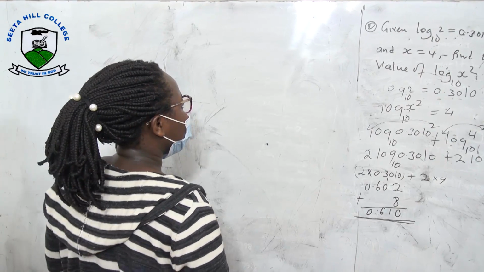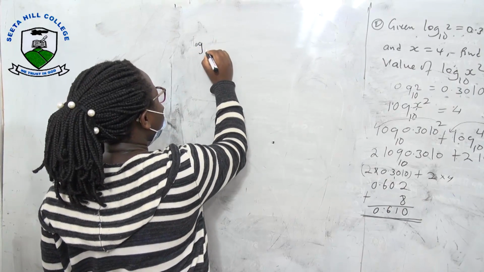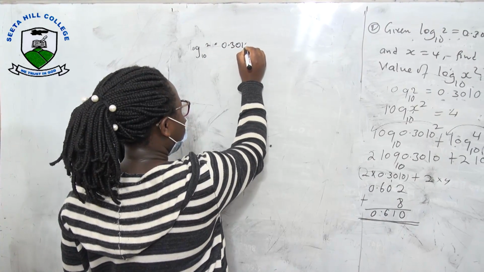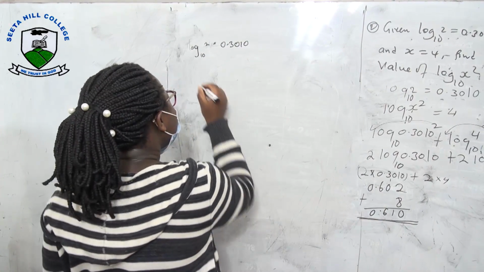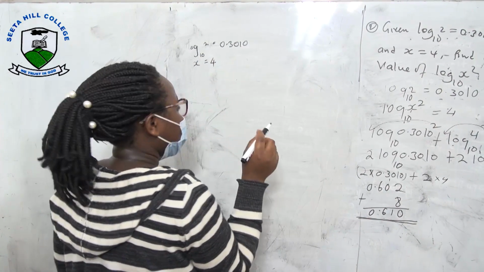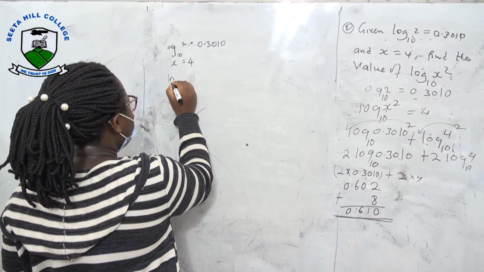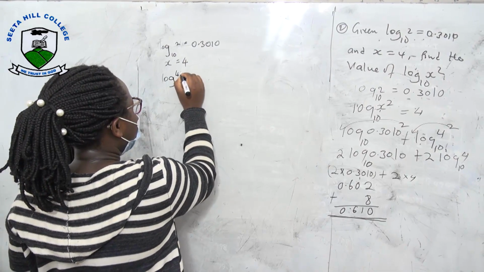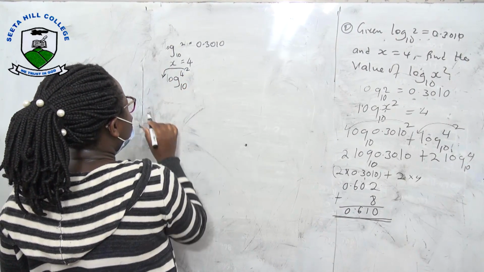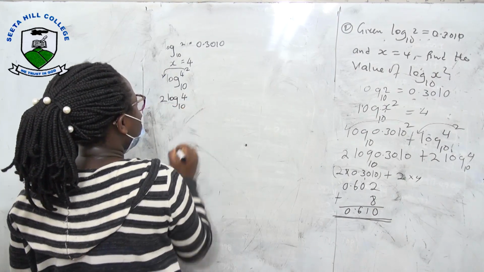Given log 2 is equal to 0.3010 and x is equal to 4. Find the value of log x squared. So since x is 4, it will be log 4 squared, and you move this squared to the front, so it will be 2 log 4.